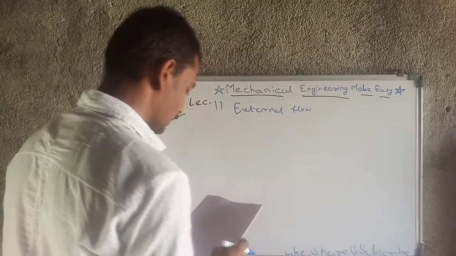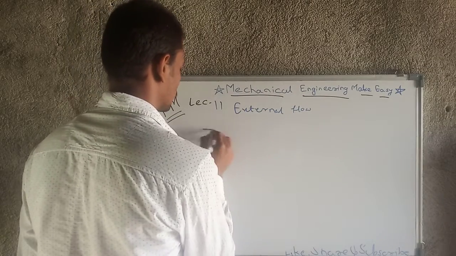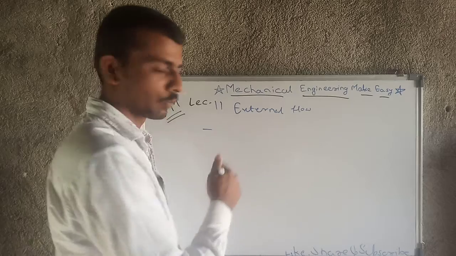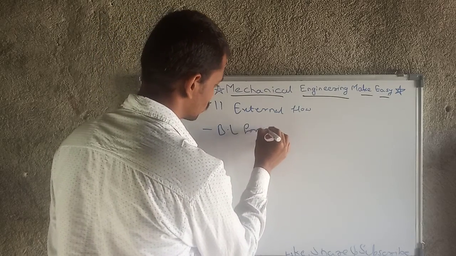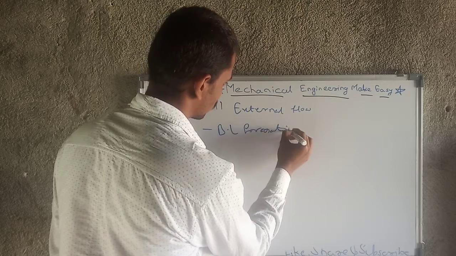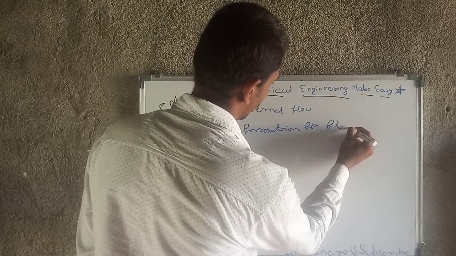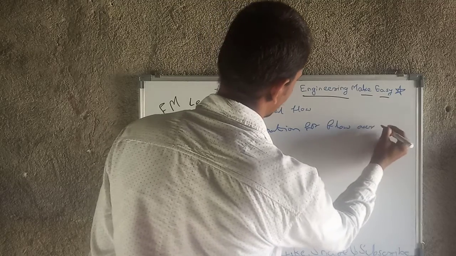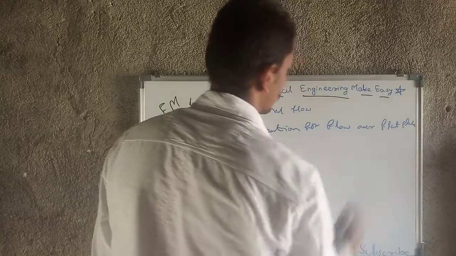Next topic is boundary layer formation for flow over a flat plate. So exactly what happens, how does the boundary layer form?